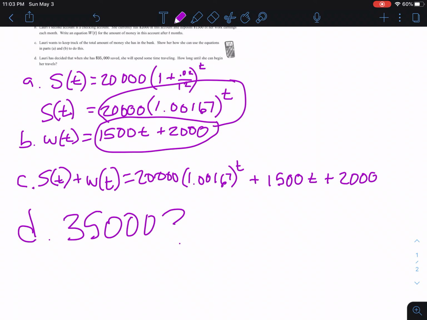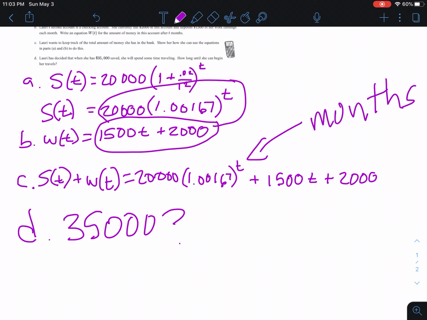T, our time, is again going to be in terms of months, because the savings account was $1,500 per month she's putting in there, and the CD was compounded monthly, so the time that goes in for t is going to be months also.